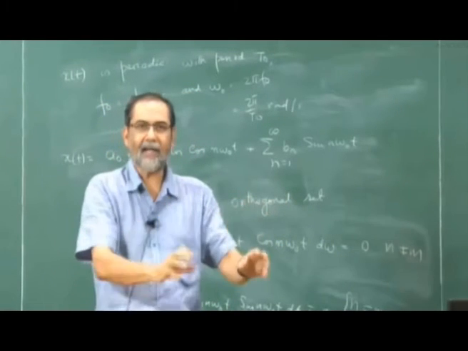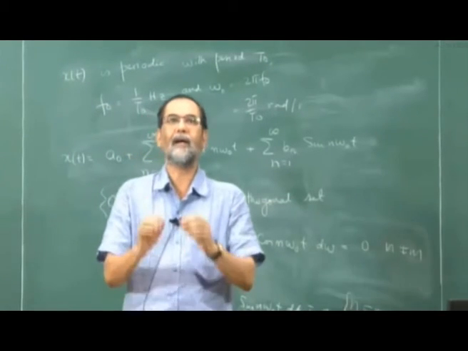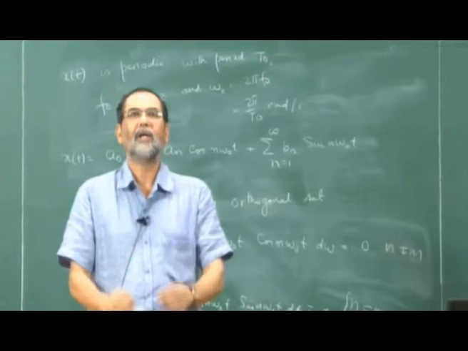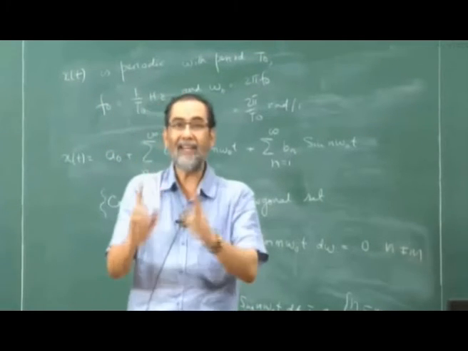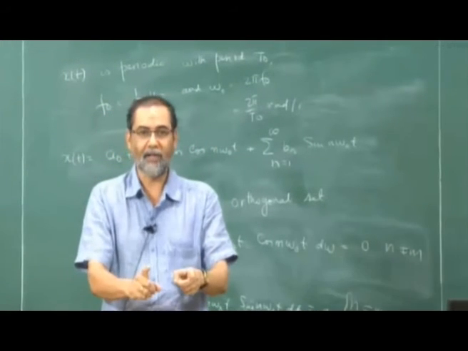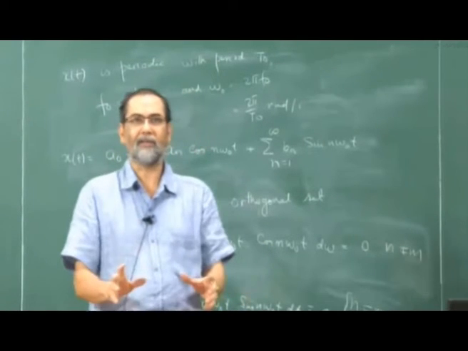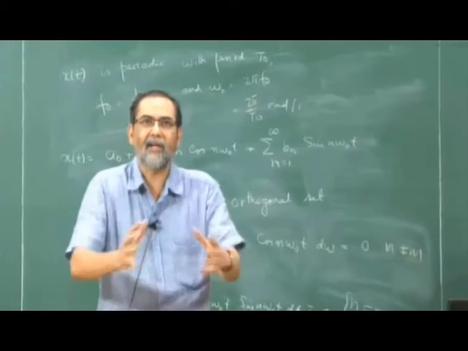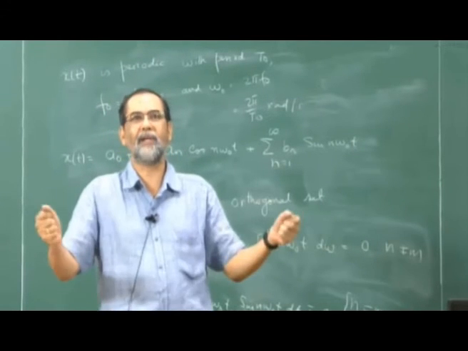In this case, only for LTI systems, when I apply an impulse at t equal to 0, whatever output I get is the impulse response, because then I can convolve that with any arbitrary input x(t) to get an output y(t).